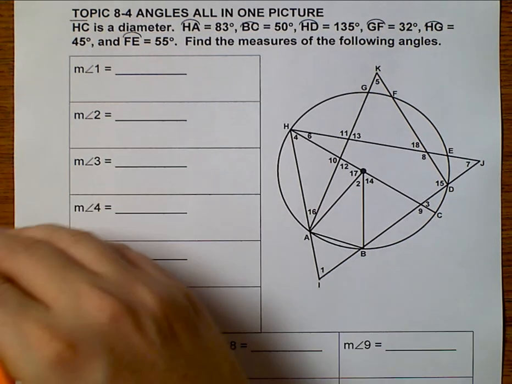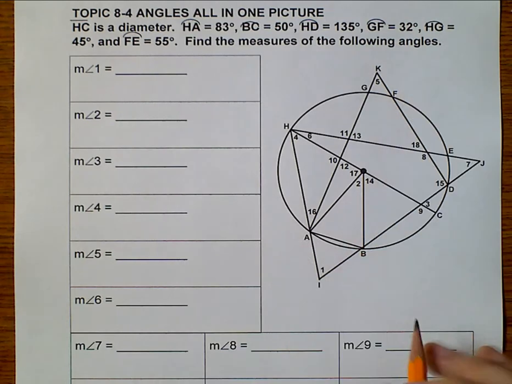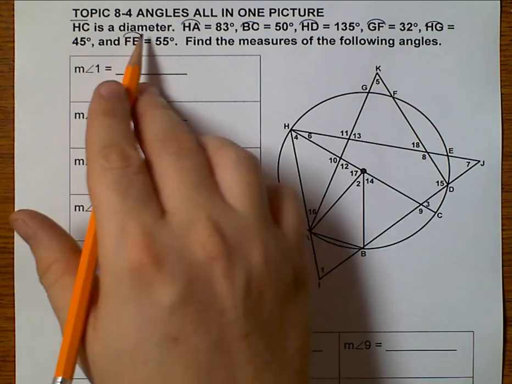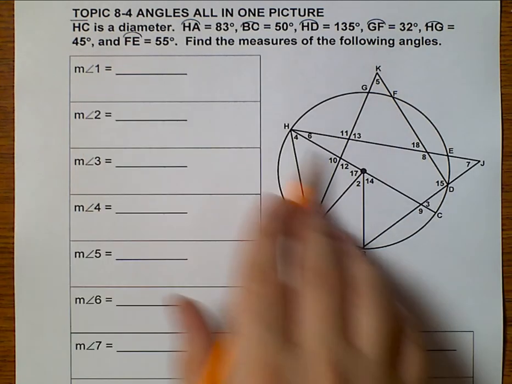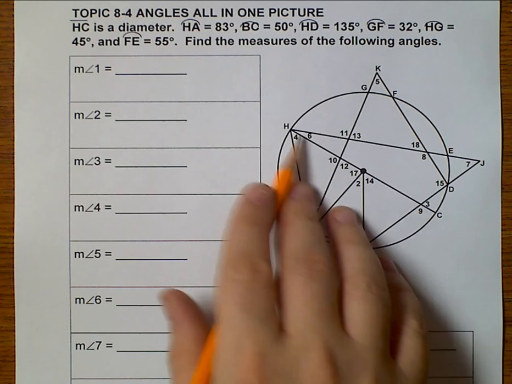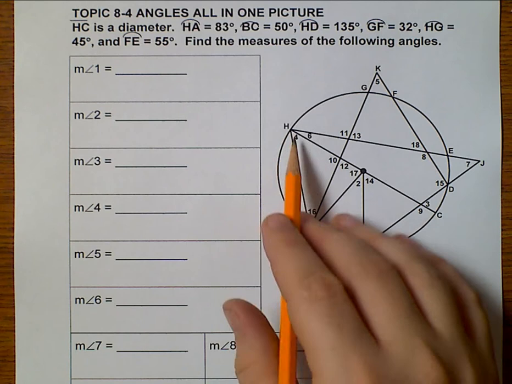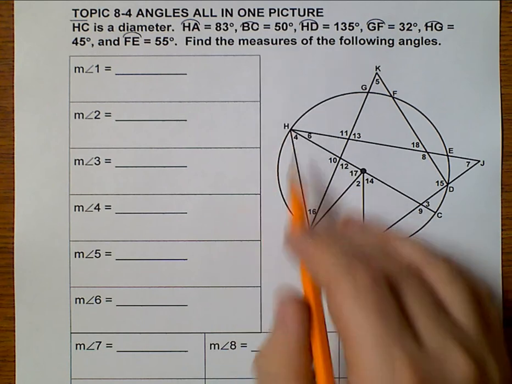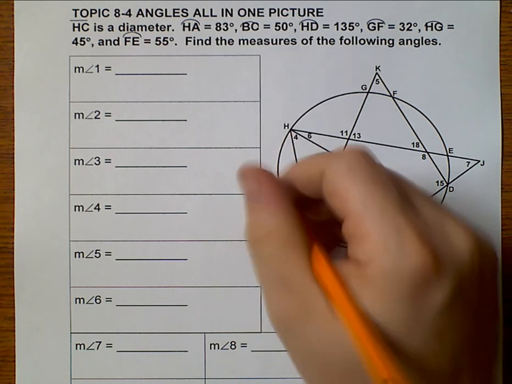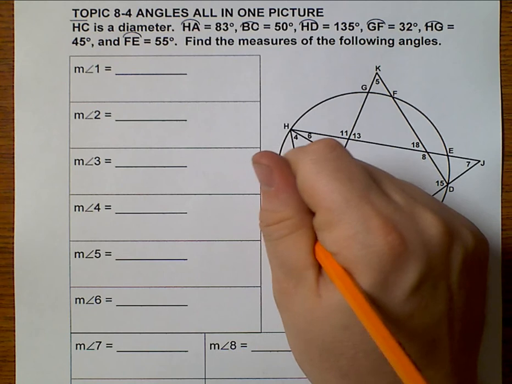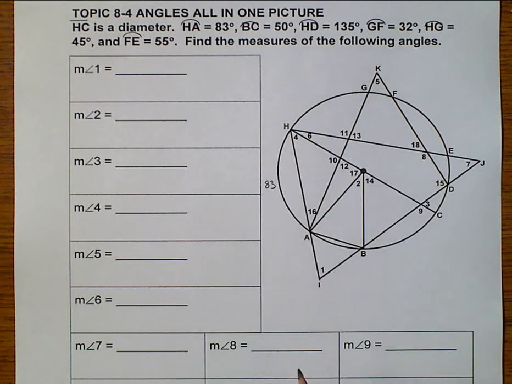First off, let's go ahead and mark some things. It says that HC is diameter, so that's going to be very helpful to us. That means that this is a diameter. Okay. HA, which would be from H to A, that arc is 83. BC is 50.